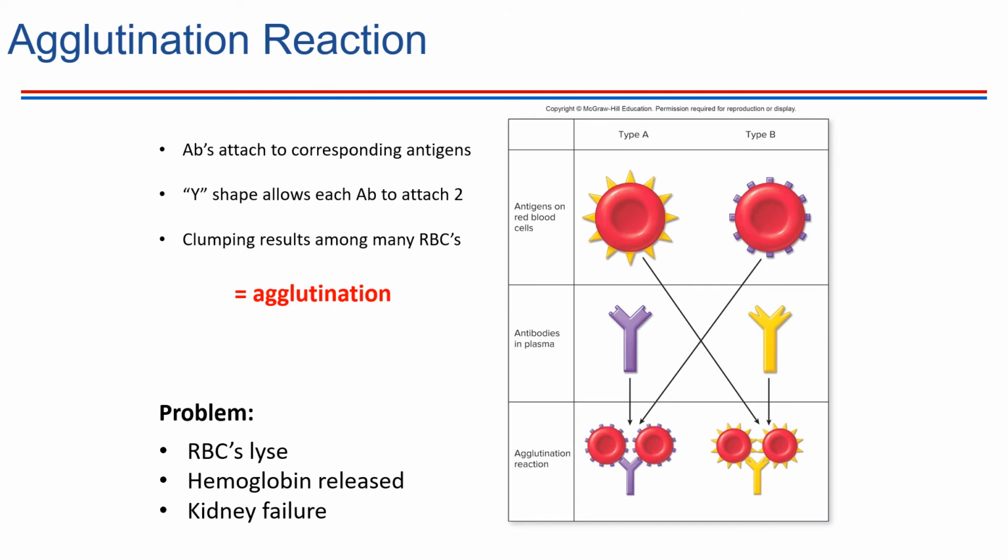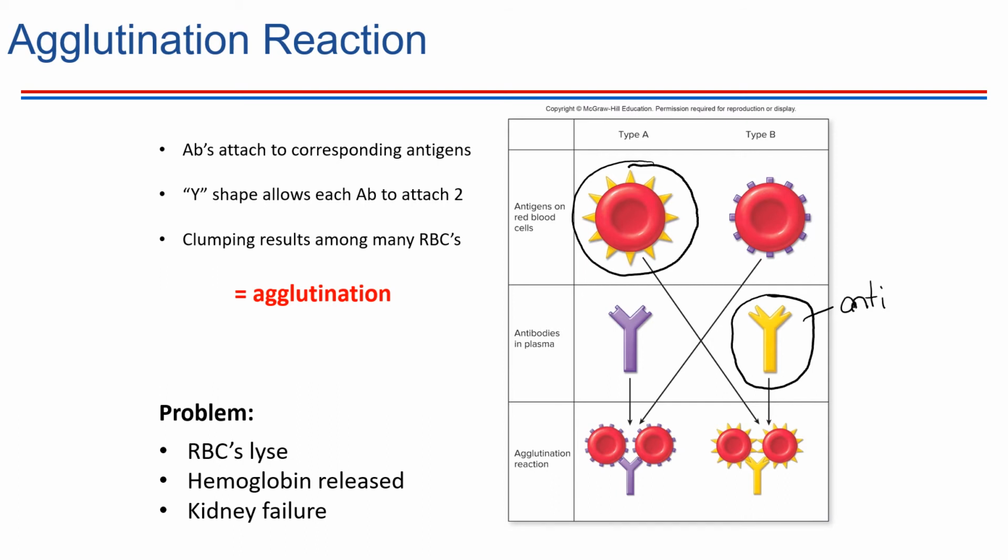Okay, so let's look at this. What's the big deal about having antibodies that are going to be attacking the opposite cells? So here you've got antibodies that are attaching to corresponding antigens. In this case, you've got a cell that's type A, and if this type A blood is given to somebody who has type B blood, we know that those type B people are going to be making anti-A antibodies.